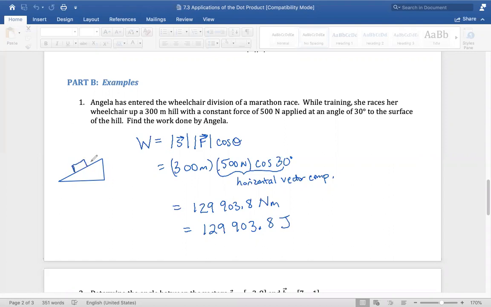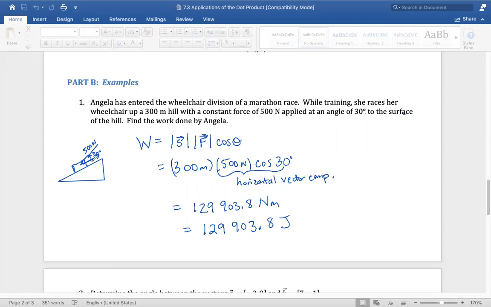We're parallel to the hill. And then we have our 30 degrees, the force applied at an angle of 30 degrees to the surface of the hill. So 30 degrees here. That force is being applied at 500 newtons up here.